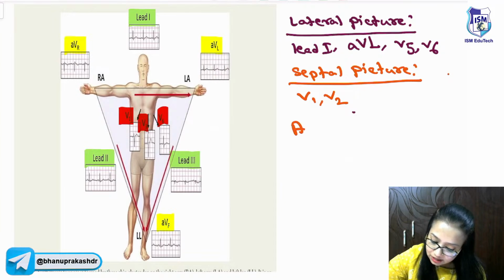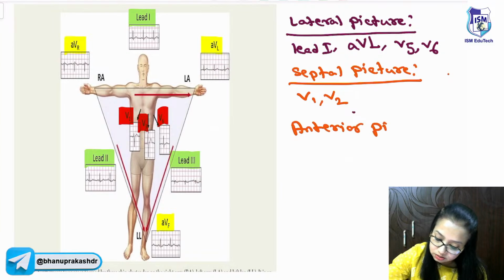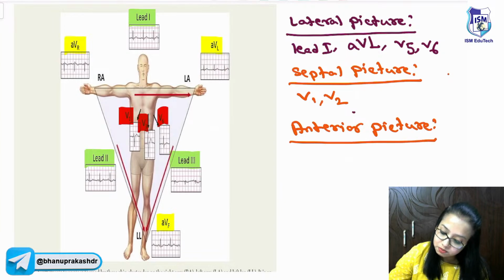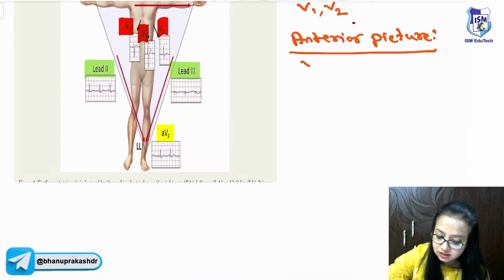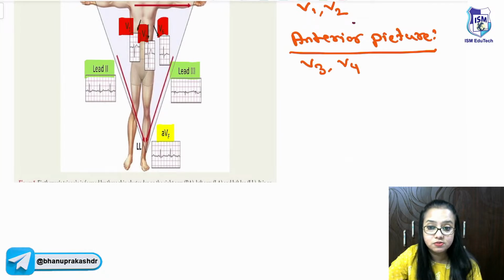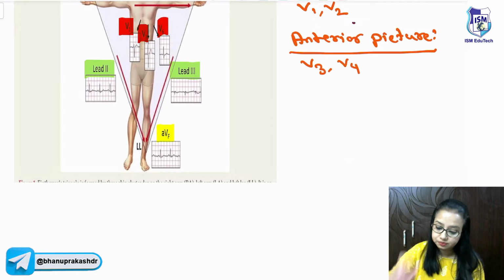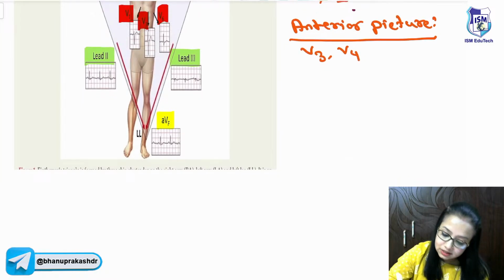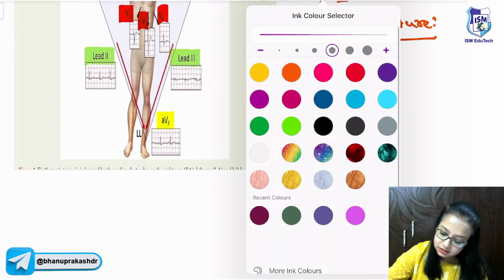The anterior picture is best reflected in the precordial leads V3 and V4.